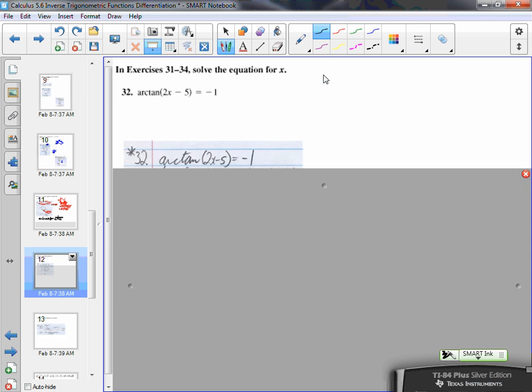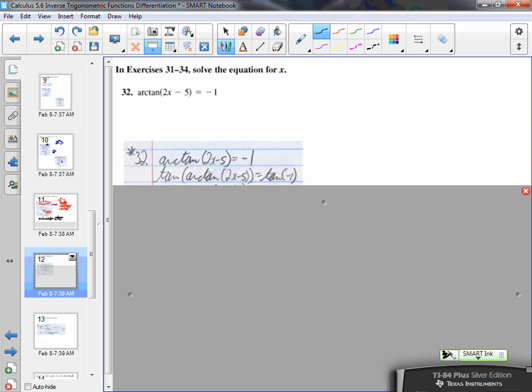But now let's use the fact that inverse trig functions are inverse functions. What would happen if you take the tangent of the inverse tangent? They undo each other. You just get the expression on the inside, don't you? That's what I'm going to do here.